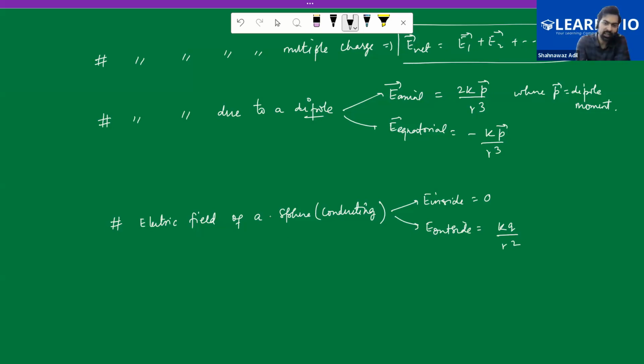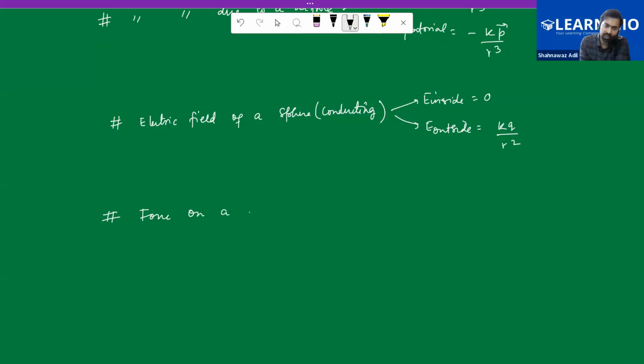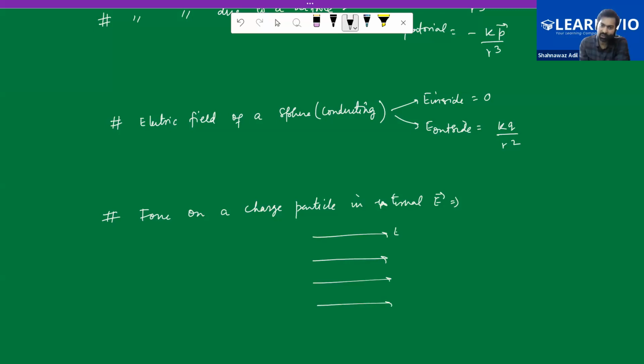And the last part that we have studied was force on a charged particle in an external electric field. So how much is that? So you have this electric field, and then you place a charged particle in here.